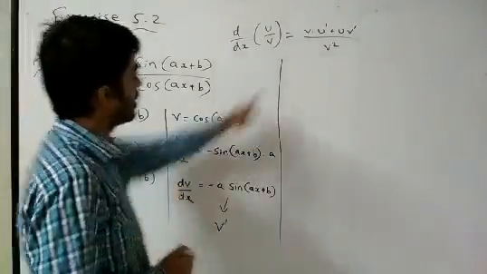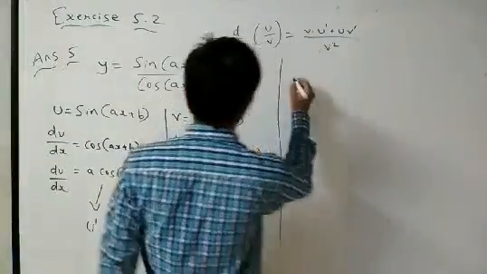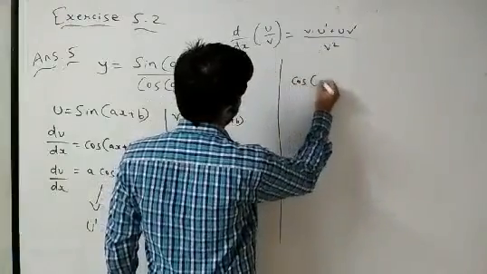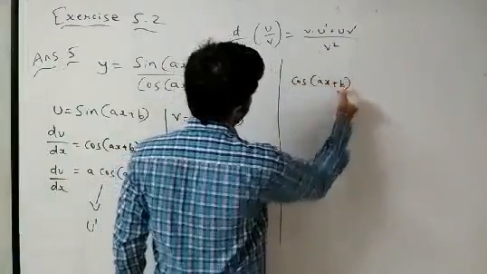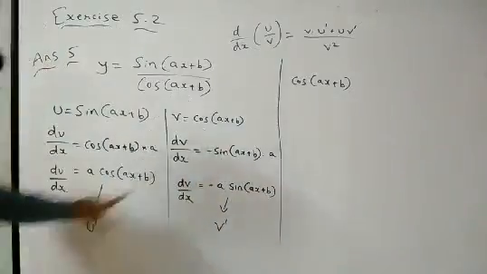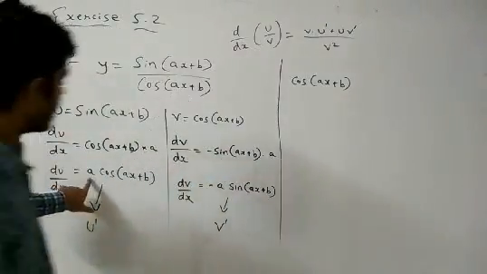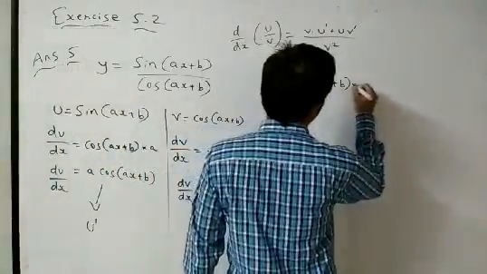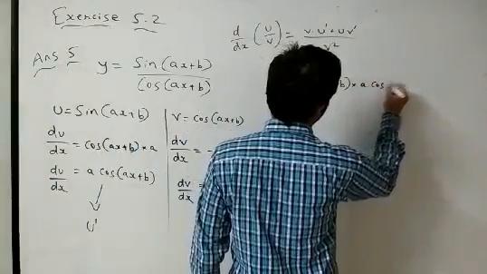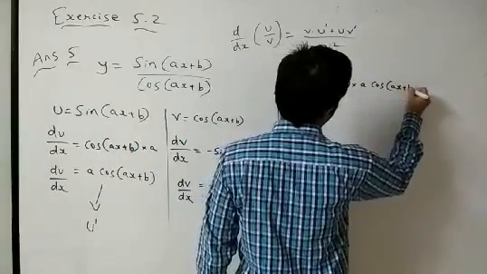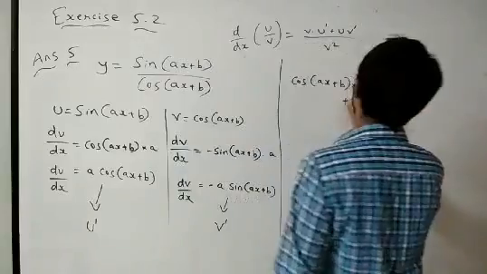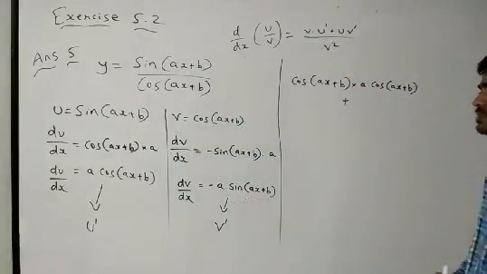That is v, here v. So what is the value for v? Cos of ax plus b, multiplied with u dash, that is a cos of ax plus b, multiplied with a cos of ax plus b, plus u is what?